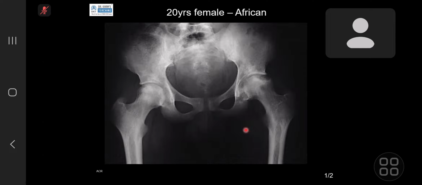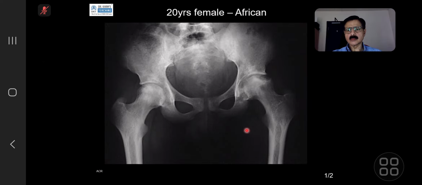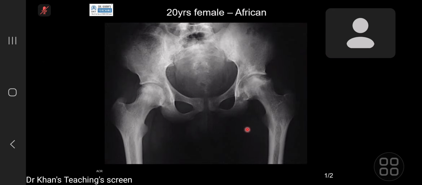There are also generalized sclerotic changes seen in all the visualized bone. On the other side there are also sclerotic changes, but less evident than in the other hip joint. Conclusion: maybe AVN changes, avascular necrotic changes of the hip joint, more on the left side. Okay, differential. That's fine.